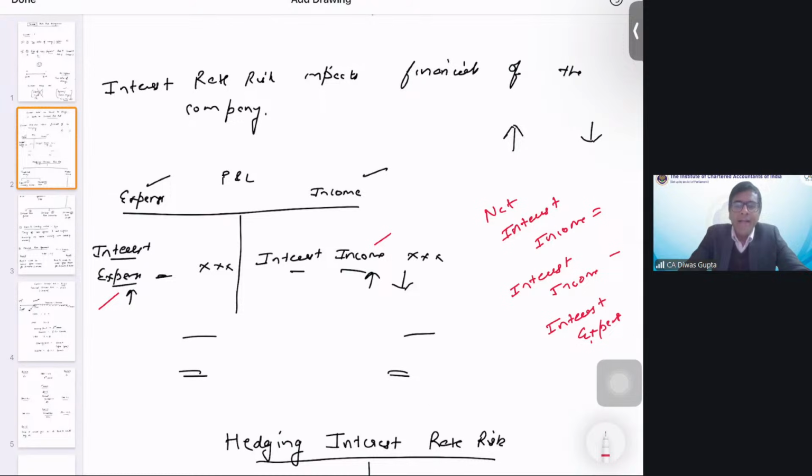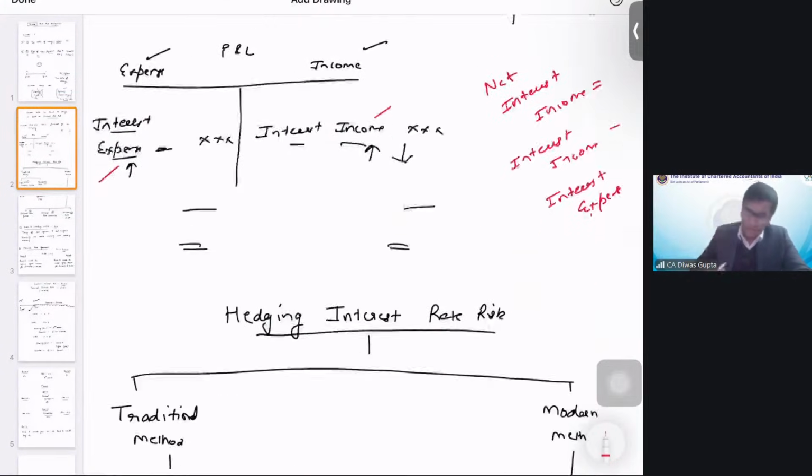And this net interest income depends on interest rate movements. If you know how to curb the risks, then you will be able to manage this net interest income risk better. It should not happen that because of interest rate change exposure, the net interest income falls. That is the overall objective to avoid.